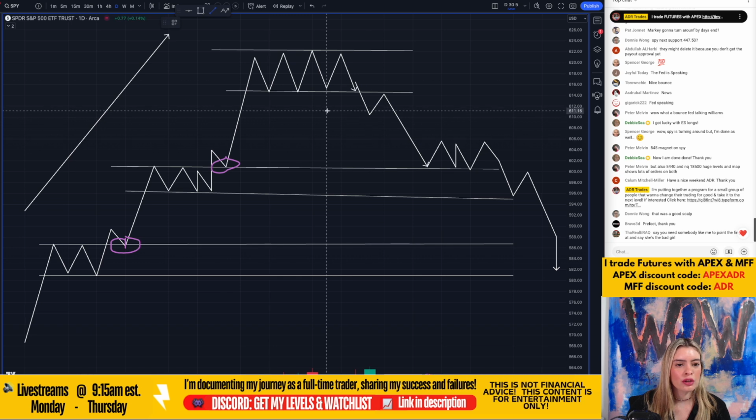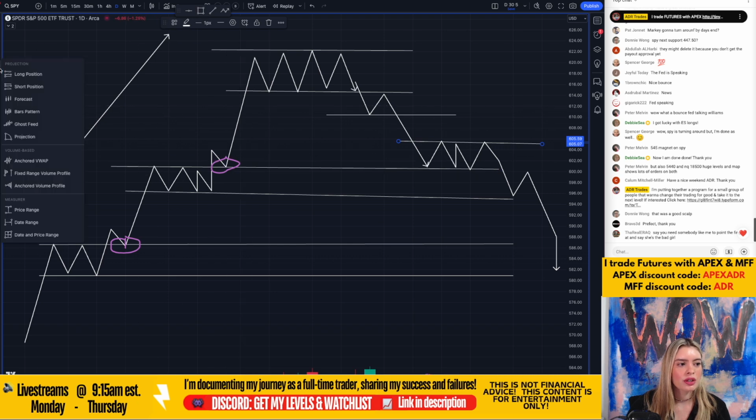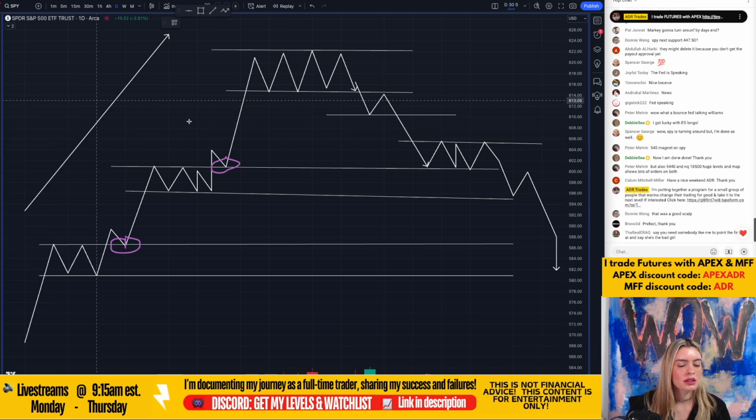So where do we want to enter on a downtrend? Same thing as with the uptrend, but on the downtrend. We want to enter here, on the break of structure.